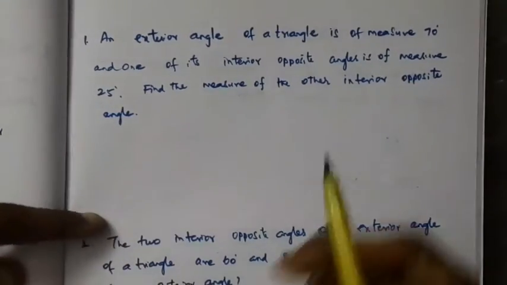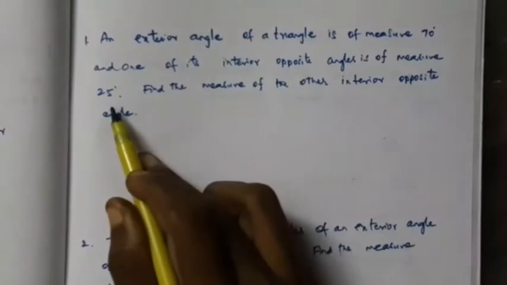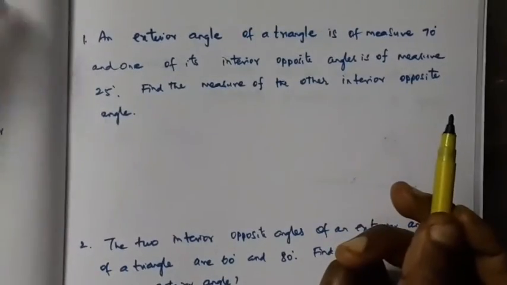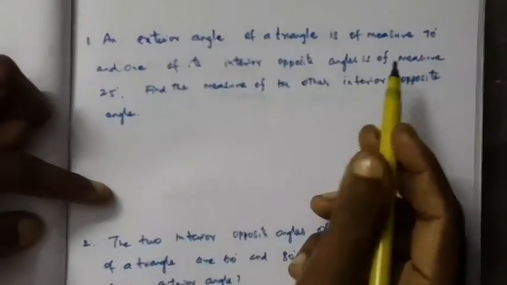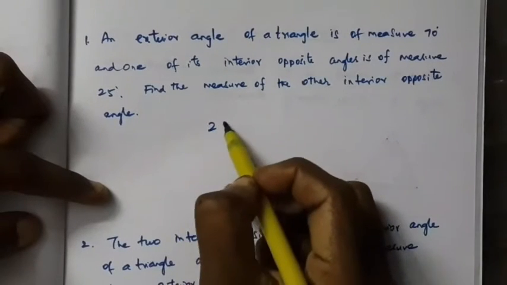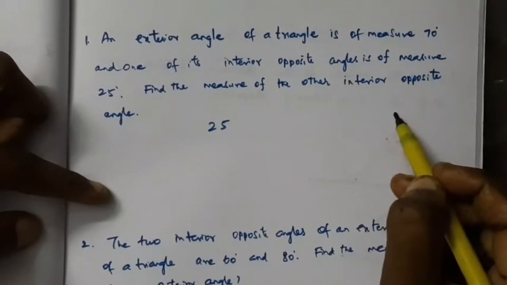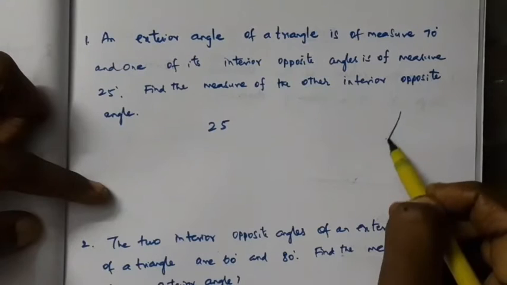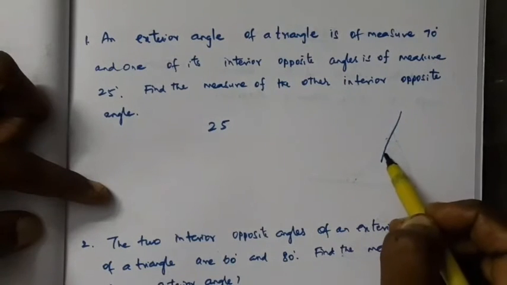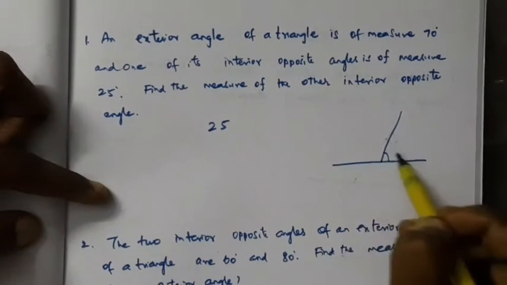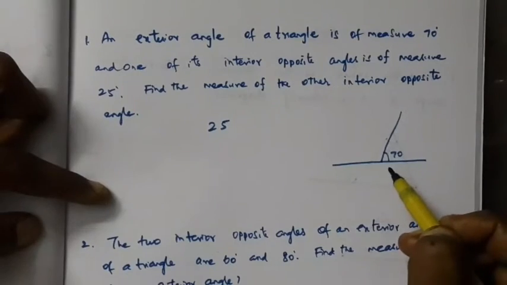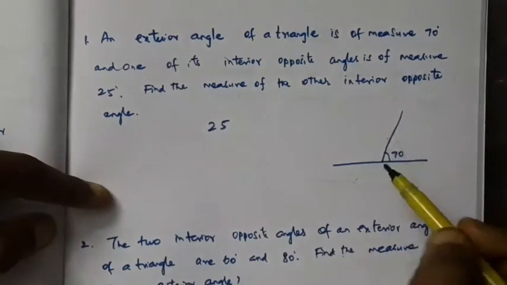An exterior angle of a triangle is 70 if one of its interior opposite angles is 25. So what is the measure of the other interior angle? If you want to draw it, this exterior angle is 70.